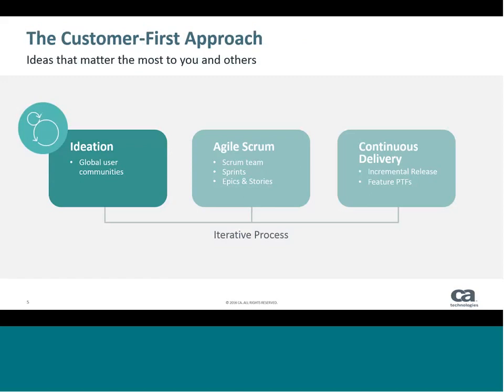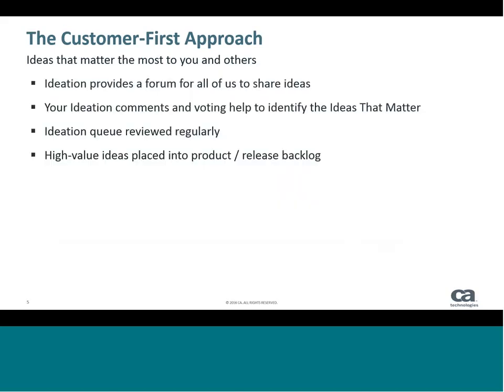So that takes us to the Agile Scrum process. I'll get a little bit more detail about that, talking about the Scrum team sprints, epics, and stories. Yeah, but Pete, just circling back around, right, as features get delivered, again, we start this process all over again. We focus back in on the requirements that are coming in through the ideation process, through our communication with our customers, through our roadmap sessions, our user group presentations, and we ensure that we're continually in tune with what's important to you, all of our customers.